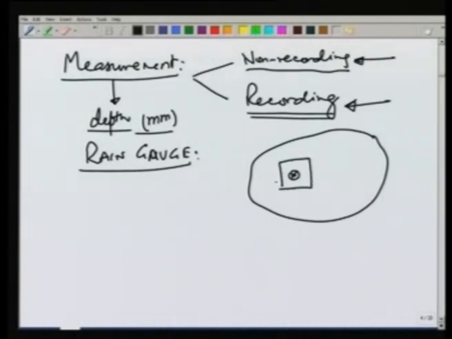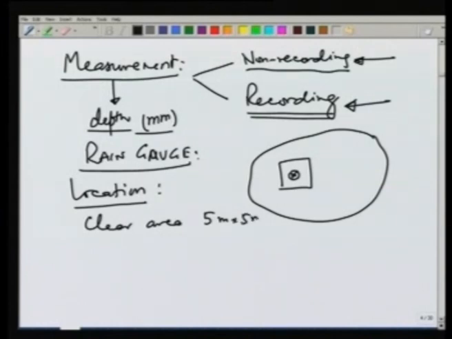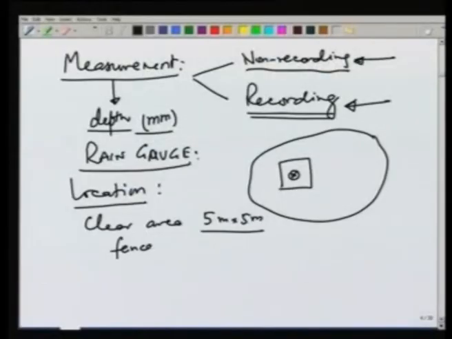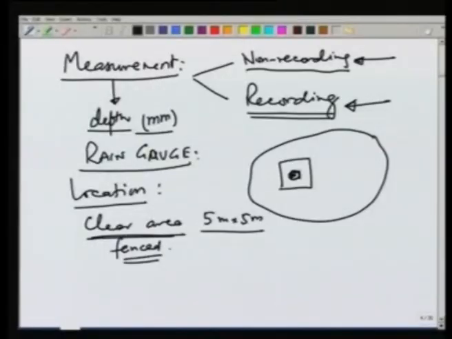For example, the location should have a clear area about 5 meters by 5 meters, sometimes higher than this, which should be fenced so that it is not disturbed. The rain gauge which we install here is not disturbed by animals or other people. So, this area should be clear, means there should not be any objects in that area, it should be fenced. So, it is not easily accessible to others.